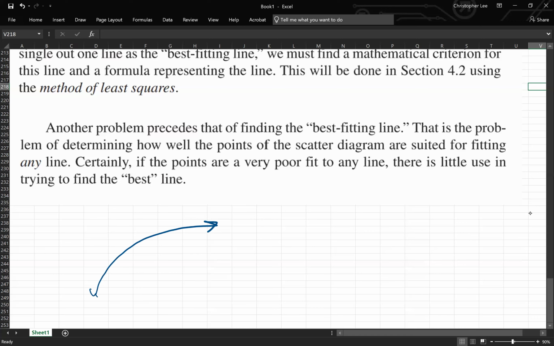You have graphs that look like this. You have graphs that look like this. I'm just saying that there's other ways that you can represent this. Exponential, quadratic. There's different kinds.